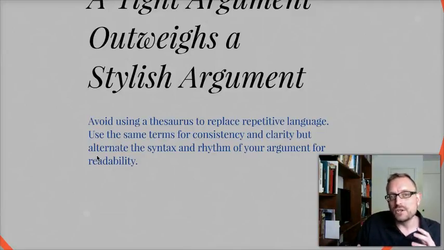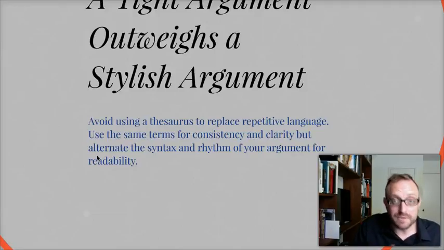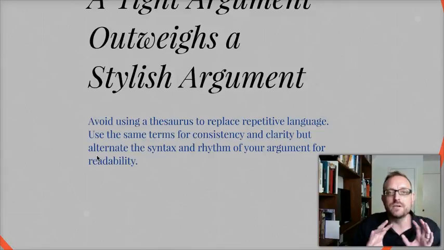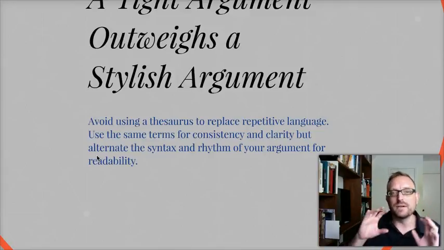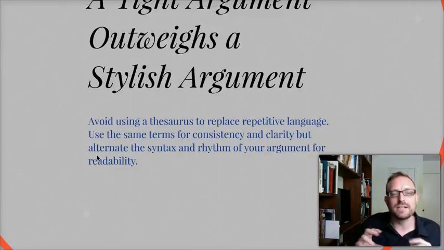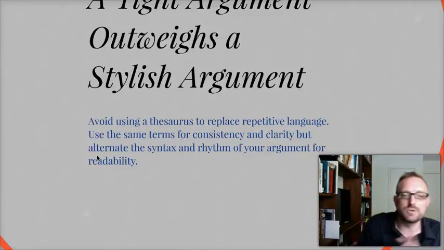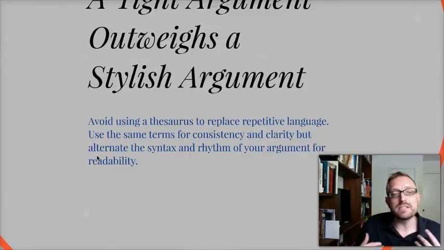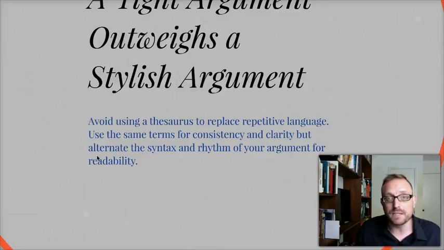I think that the goal shouldn't be style, it should be readability, right? And that's, if you will, going back to our previous video on the spectrum of rhetoric, right? The psychology of rhetoric versus the reasonableness of rhetoric. I think you want to lean towards the reasonability there, and that means that it needs to be a readable or a well understood argument. So if you're making an argument in public or with a colleague or a family member, right?